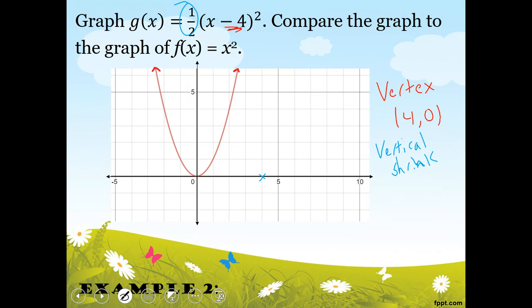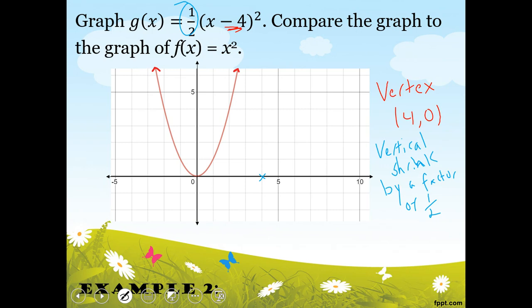So it's a vertical shrink by a factor of 1/2. Now, that's not really helping my cause so much because I still don't know what the actual points are that are a part of this.